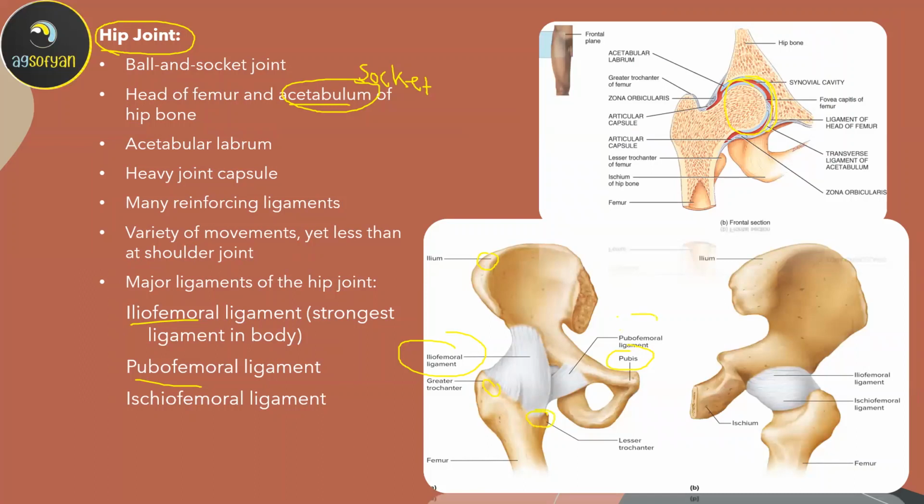So therefore, it's called the pubofemoral ligament. And the last one is the ischiofemoral ligament, which is between the ischium, part of the hip, and the femur. So it's connecting these two bones. So it's called the ischiofemoral ligament.